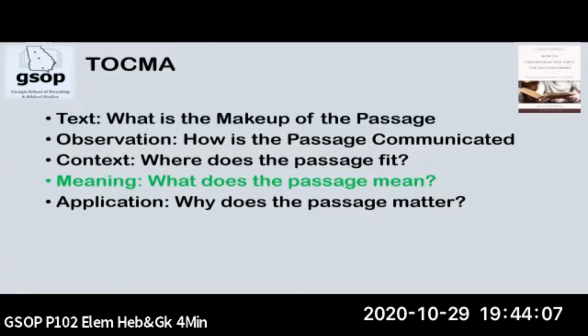You have the promise and fulfillment predictions that carry through the old covenant and the new covenant; the promise and the fulfillment, sometimes in the old covenant, but oftentimes in the new covenant. And then you have the use of the Old Testament in the New Testament.